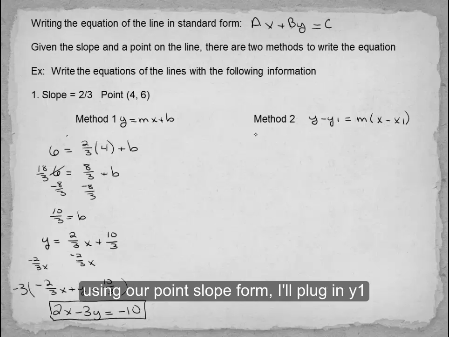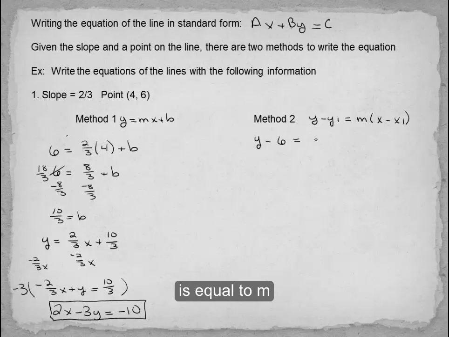Using our point slope form, I'll plug in y minus y1 is equal to m times x minus x1, which is 4. y minus 6 is equal to 2/3 times x minus 4. Hold on, sorry about that.